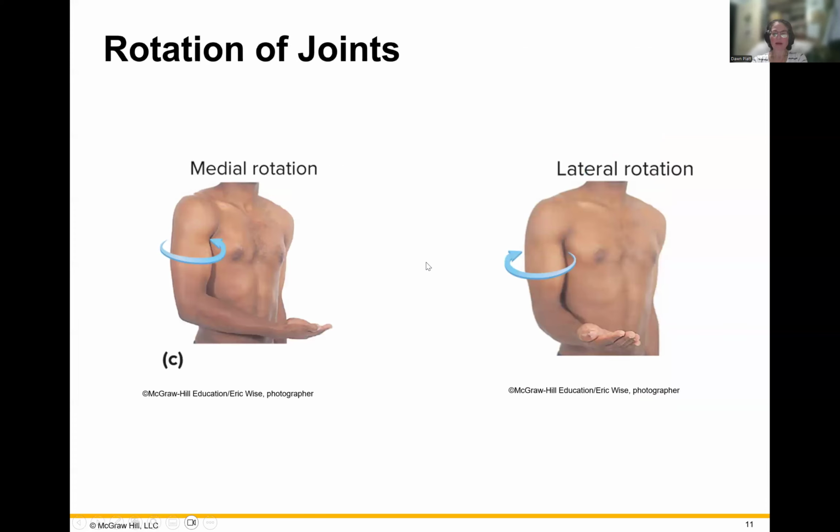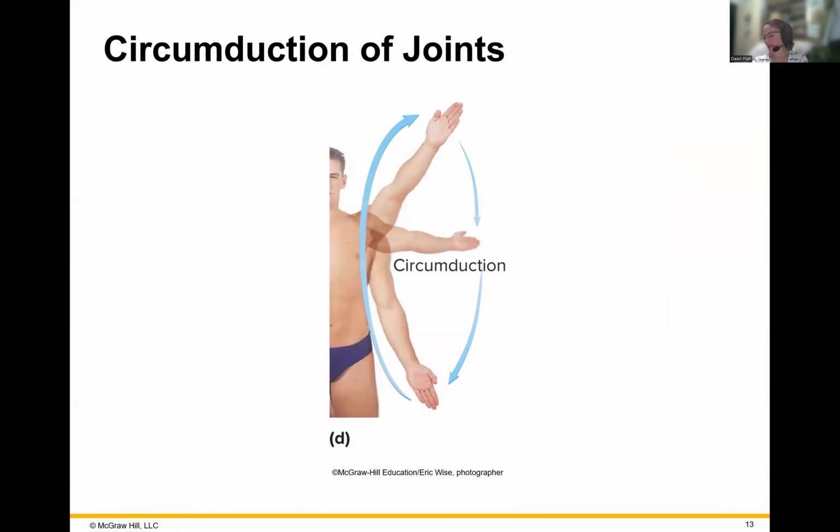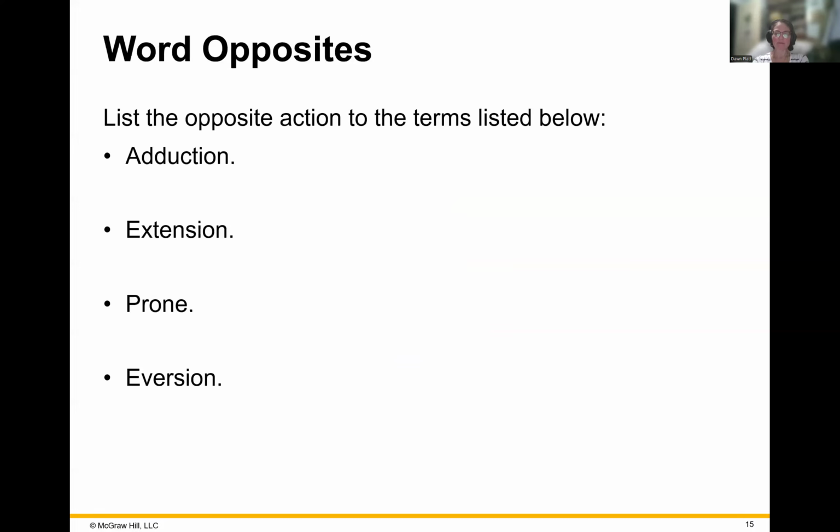Then we have rotation of our arm: medial rotation, lateral rotation, and pronation. Look at the difference between the arm positions. Pronation is palm down, supination is palm up. Circumduction is swinging your arm around the shoulder, the whole circle. Eversion and inversion are the ways we move our feet.